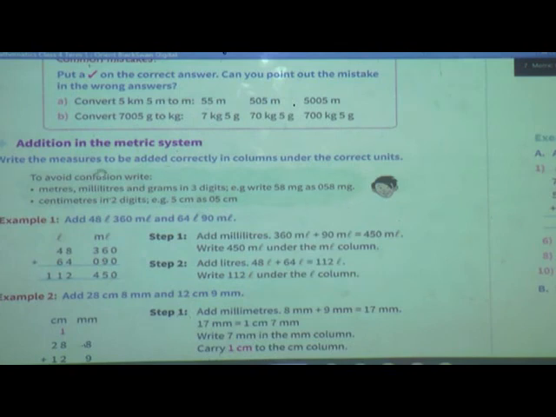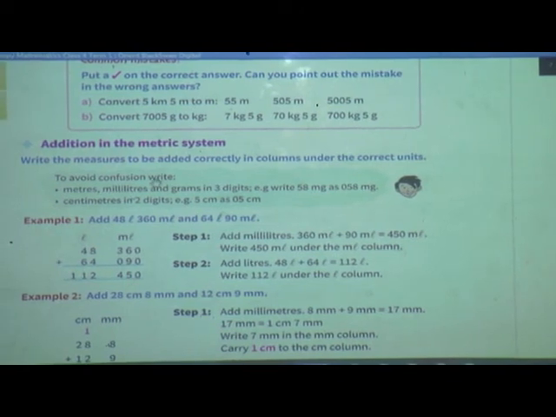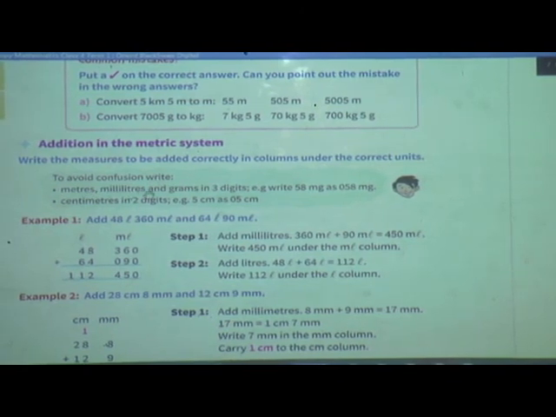Write the measures to be added correctly in the column under the correct units. To avoid confusion, write meters, millimeters and grams in 3 digits. For example, 58 mg is written as 058 mg, and centimeters in 2 digits.